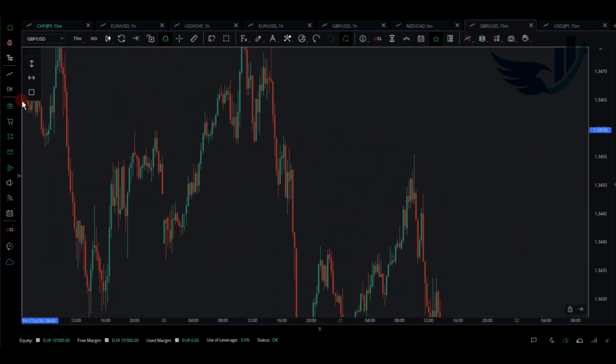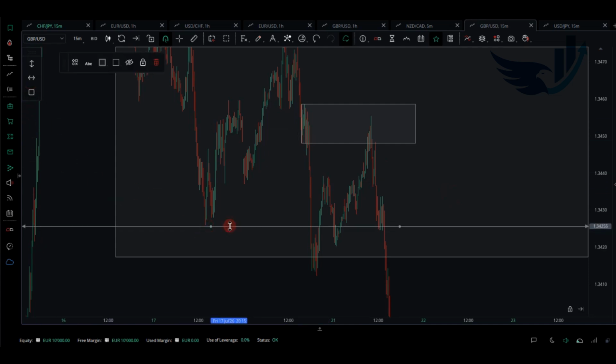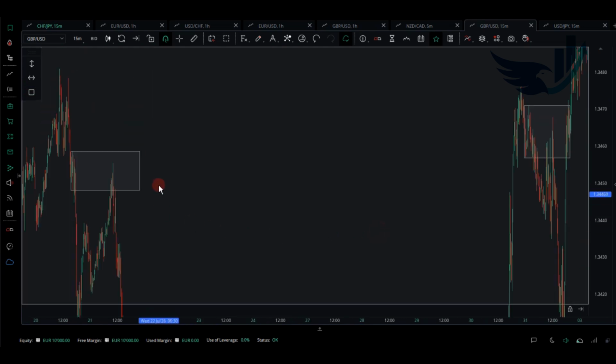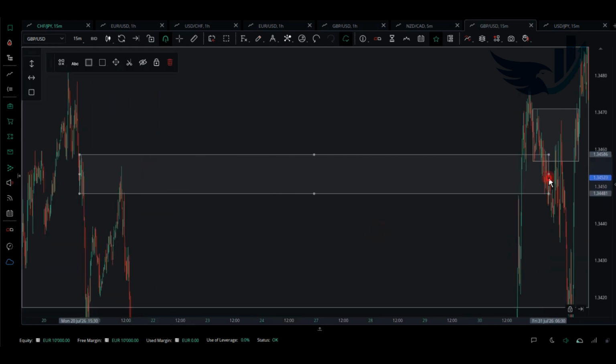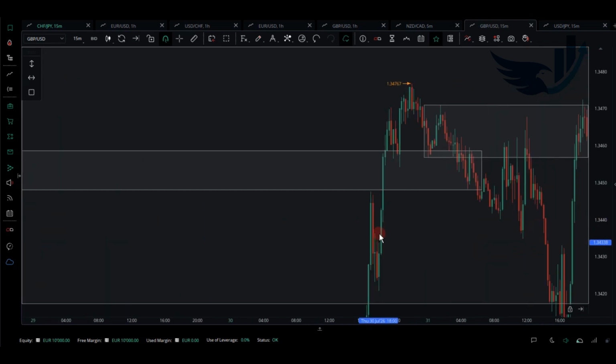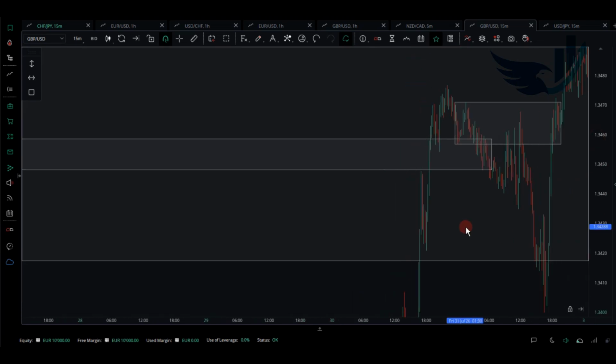But here I see another one right there. First, it helped the price to break this low. In return, let's see if we have reactions. I extended the box and you see we don't have any reactions.